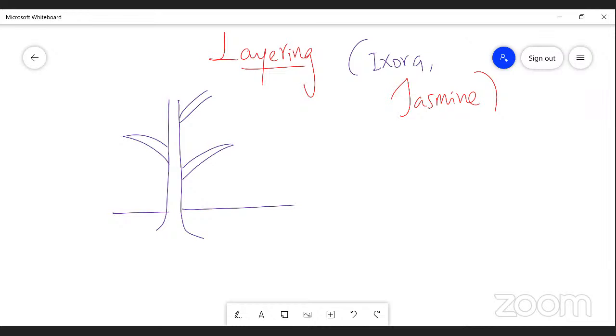After allowing the lower part of the branch to be buried in the soil, it develops into new branches, by which new plants are developed, propagated or produced, right? That is called the layering technique. Now layering is of two types. The first type is mound layering.